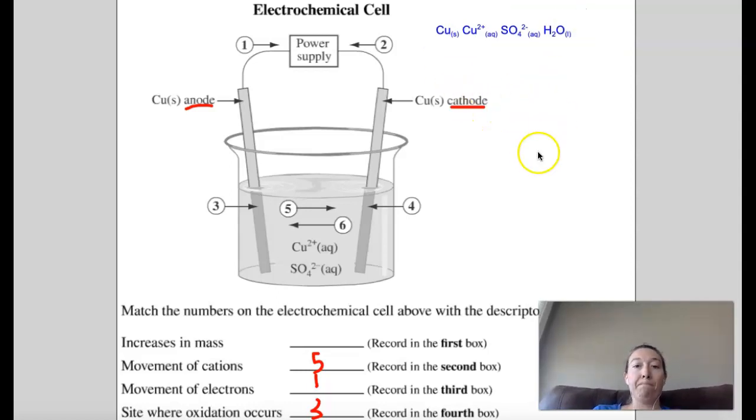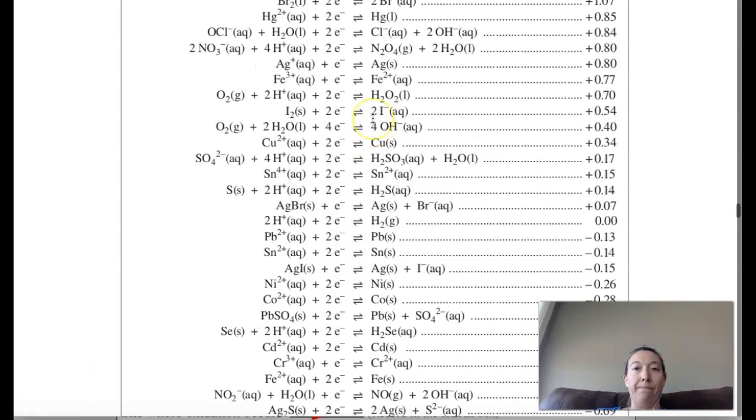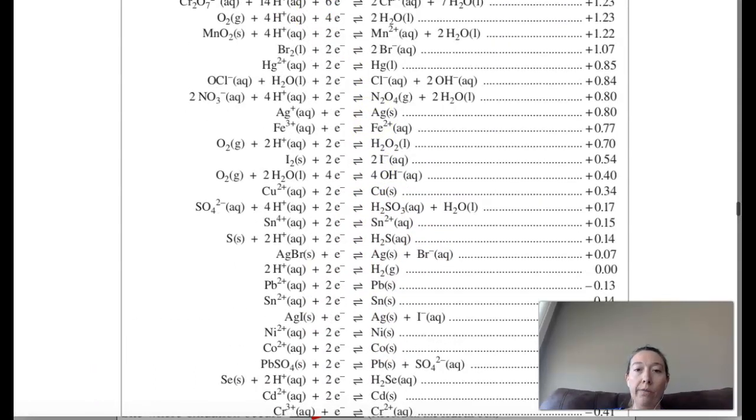So for increase in mass, we basically find our SOA, our SRA, and then from there we see which one produces a solid, right? So let's go to our data book. So we're looking for Cu solid, Cu2+, SO4. So out of all of those things, our SOA is going to be the Cu2+. That produces Cu solid. So right away, we have just figured out what it's going to be.